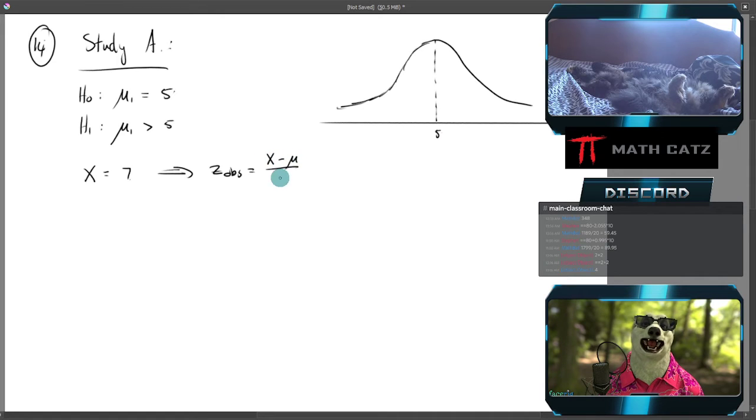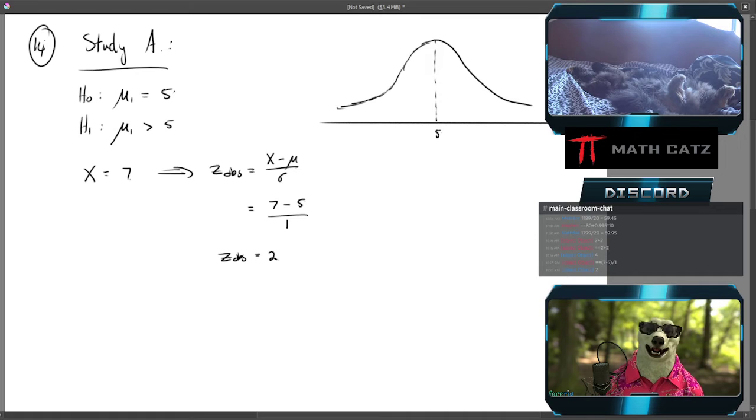I'll write it like this for us. And what do we get? Well, let's write it in. We have our 7, population mean of 5, under the null hypothesis over 1. So we get an observed z-score of, it's an easy enough calculation, of 2. But I'll show that my calculator does work just to give it something to do, right? Because it could be more complicated.